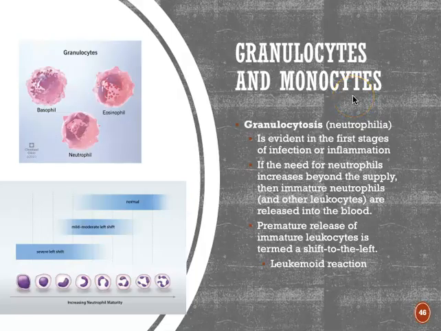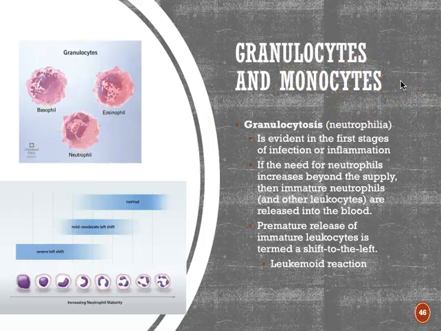Moving on to our granulocytes and monocytes, we are really focusing on these. And if you remember, our granulocytes would include our basophils, eosinophils, and neutrophils, whereas our monocytes are agranulocytes.